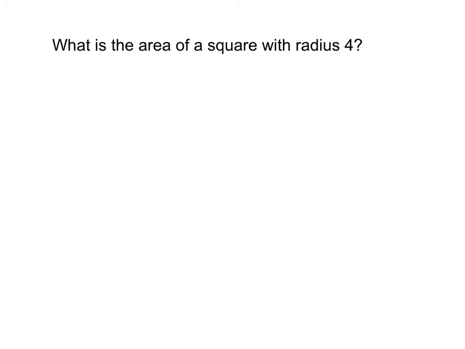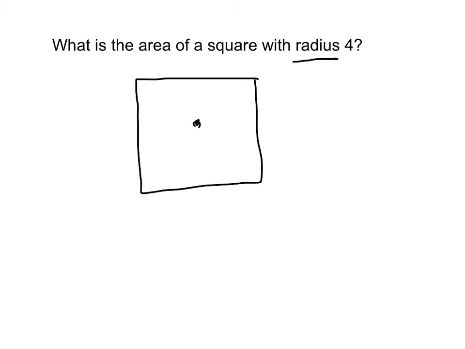In this problem, we're looking to find the area of a square with a radius of 4. The key is to figure out what the meaning of a radius of a square is. If I draw this picture, here's a square, then the radius is the distance from the center to the vertex, so it's that diagonal distance right there. That's the length of 4. To figure out this problem, we could draw in this distance here and this distance here.